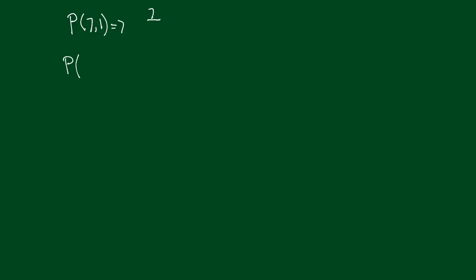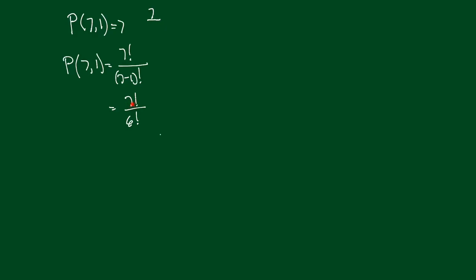The number of permutations of 7 objects, one at a time, is the total number that you have, factorial, over the first minus the second: 7 minus 1 factorial. So you get 7 factorial over 6 factorial.